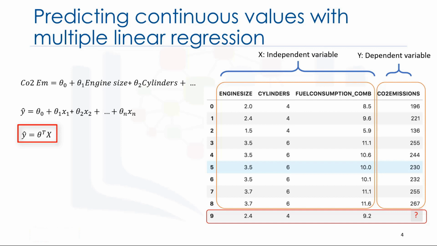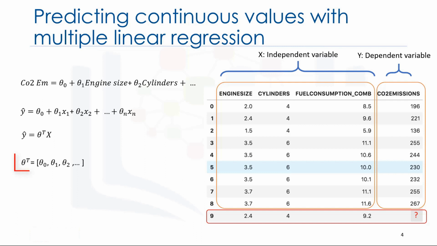Generally, we can show the equation for a multidimensional space as theta transposed x, where theta is an n by 1 vector of unknown parameters in a multidimensional space, and x is the vector of the feature sets, as theta is a vector of coefficients and is supposed to be multiplied by x.